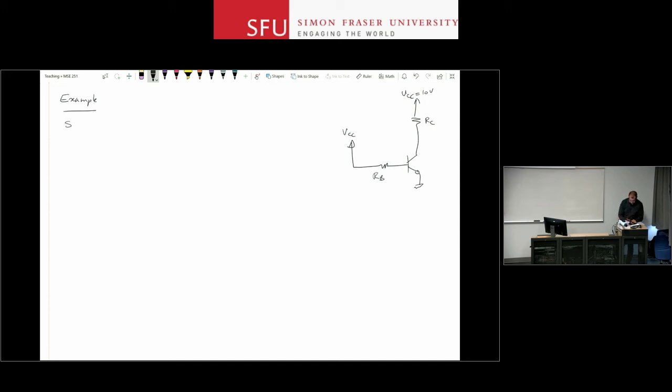Okay, so it says solve the circuit. What do we know? We know that beta is 100 and VBE on is 0.7 volts and VCE sat is 0.2 volts. You don't know what the operating region of the transistor is at the very beginning, right? Because in the vast majority of cases the device will be biased to be in the active region, it is usually my starting assumption.